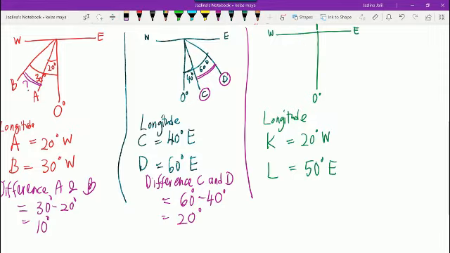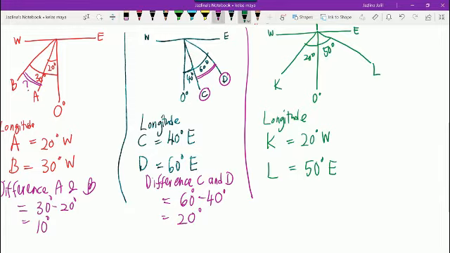The most important thing is I want you to know whether it is on your left side or your right side. So for this case, K is 20 degree west, so going to where? Yeah, going to the left. It will be 20 degree. And how about L? 50 degree east is? Yes, it's going to the right. Sketch. So this one will be 50 degree east.